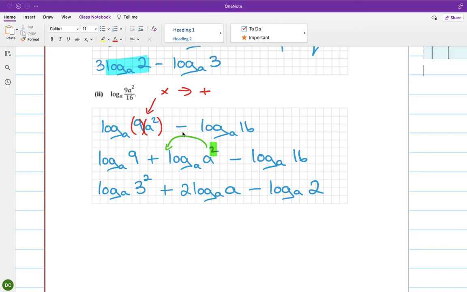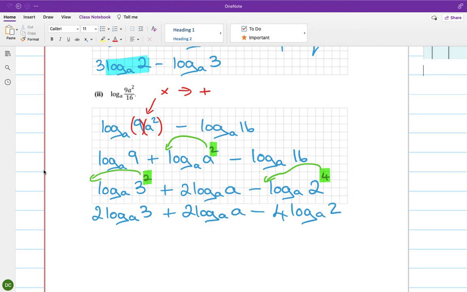It can't be a 3, but it can be a 2 to the 4. Yeah? Then bring all these powers to the front. So bring this one to the front, and bring this one to the front. So I get 2 log to the base a of 3 plus 2 log to the base a of a minus 4 log to the base a of 2.